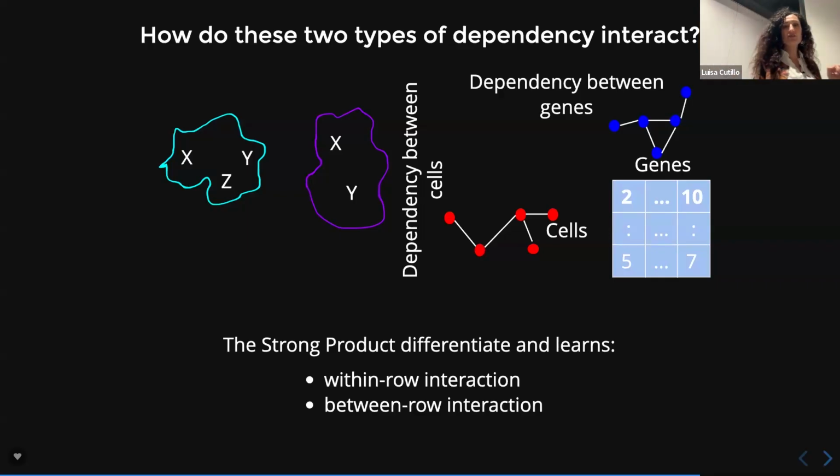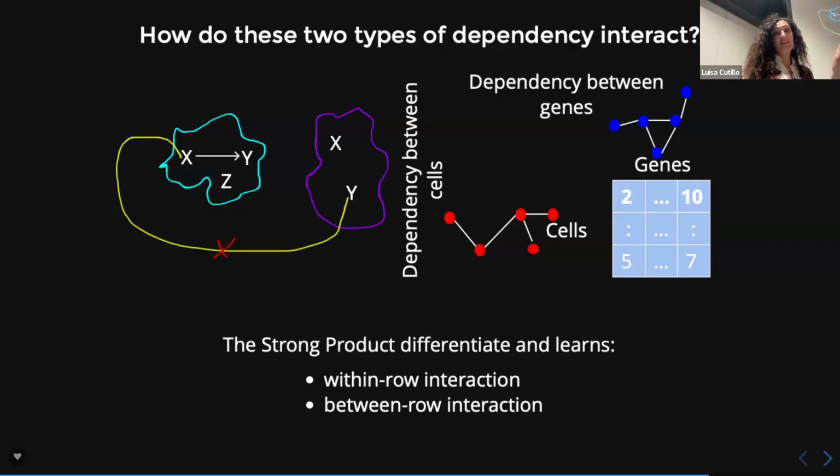Consider the situation where the expression of X affects the expression of Y when they are in the same cell, but it doesn't affect the expression of Y when it is in another cell.